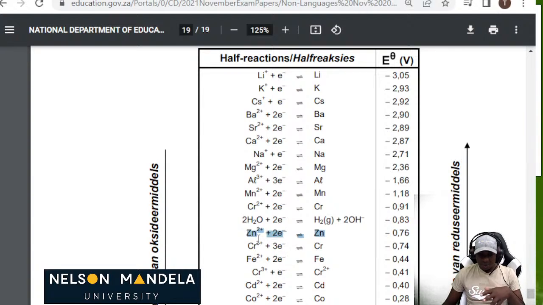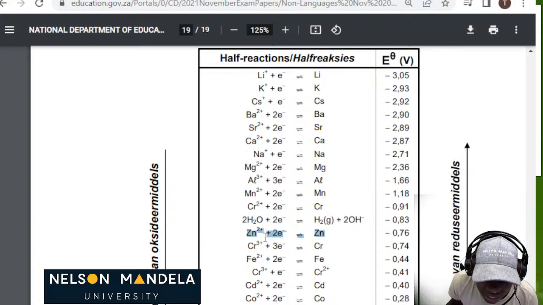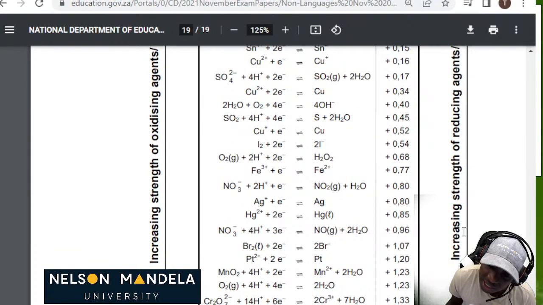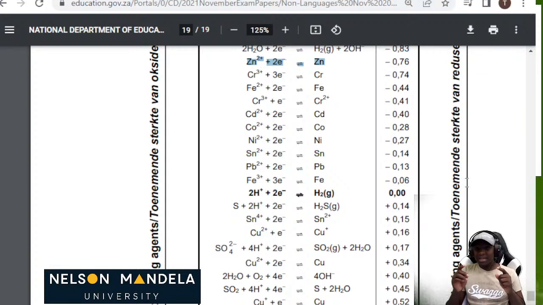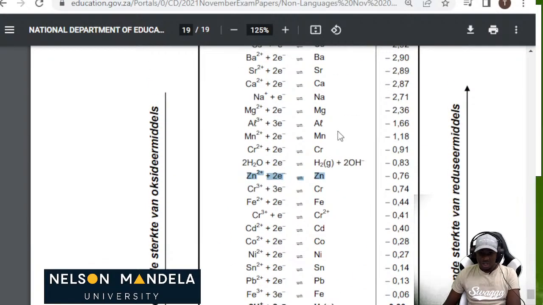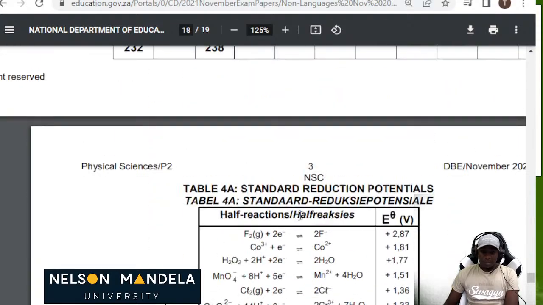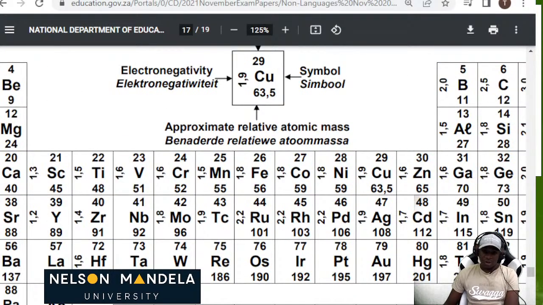We can see that this will be our zinc here. This is so crucial, that you be able to manipulate and use your half reaction table 4b. I wanted to show you that we are getting this Zn2+, which is here, and now we can look at the increasing strength of reducing agents, and we say that oxidation and reducing agents work hand in hand. So you'll be able to find your oxidation half reactions. Great. Now let's move forward from that part. I just wanted to show you this part only.